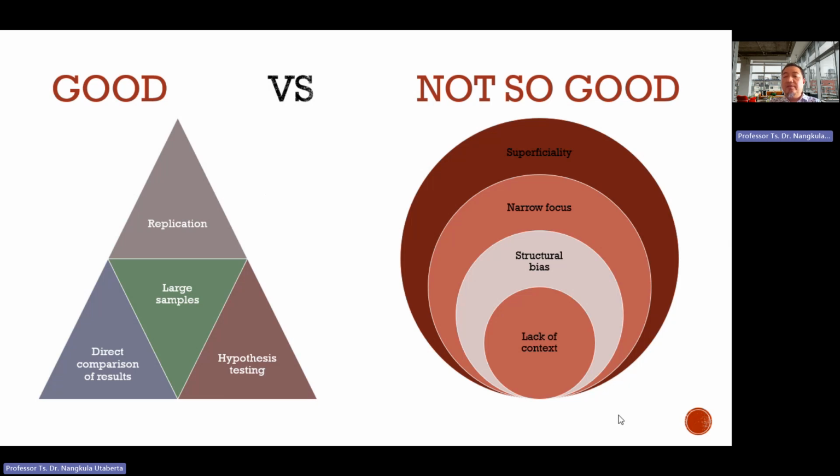So at the end, quantitative research methods look very superficial when you look at the problems before: lack of context, structural bias, your focus is too narrow. So in this kind of research, quantitative research method might not be enough, or might not be suitable for you to choose.